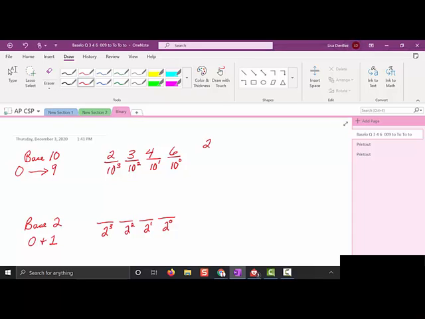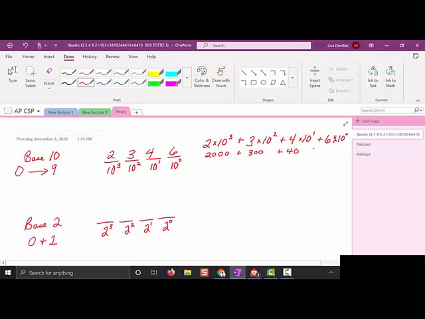Well, I have 2 10 to the thirds, 3 10 to the seconds, 4 10 to the ones, and 6 10 to the 0. So 2,000 plus 300 plus 40 plus 6, or 2,346. That's how our base 10 numbering system works.